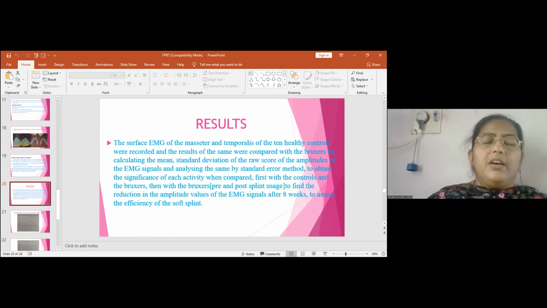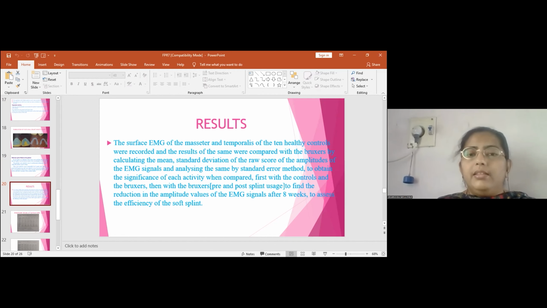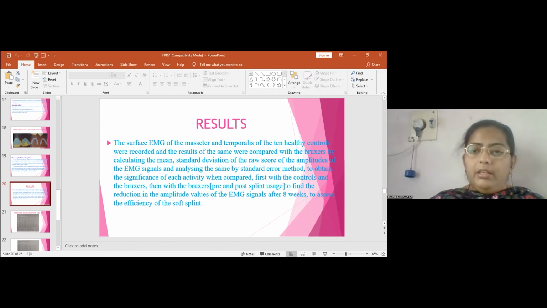Comparing the surface EMG of the masseter and temporalis of the controls and the bruxers, we calculated the mean and standard deviation of the raw score of the amplitudes of the EMG signals. We analyzed the same by the standard error method to obtain the significance of each activity by calculating the p-value, and compared to the controls, we found that the bruxers had high amplitudes.